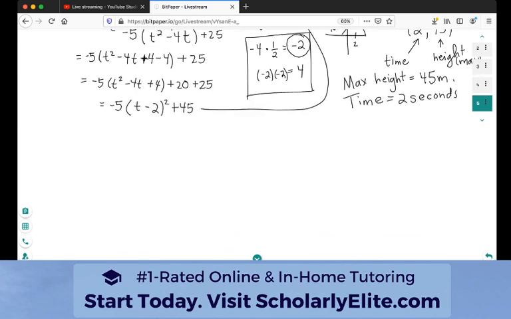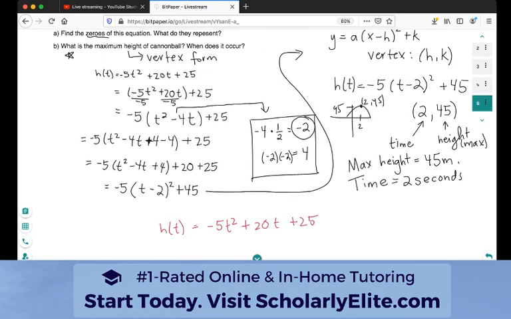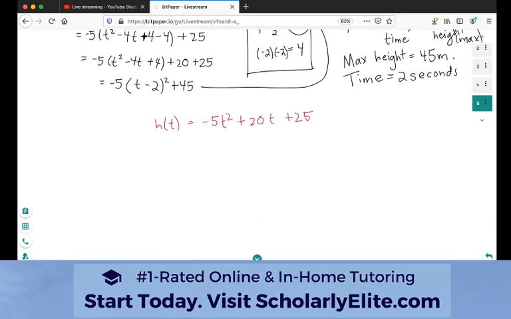So if we know that our equation in the quadratic form was y equals negative 5t squared plus 20t plus 25, which I think is the equation. Let me just double check. Yep, that's it.